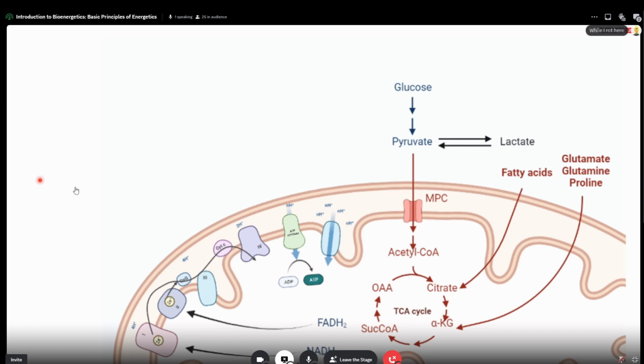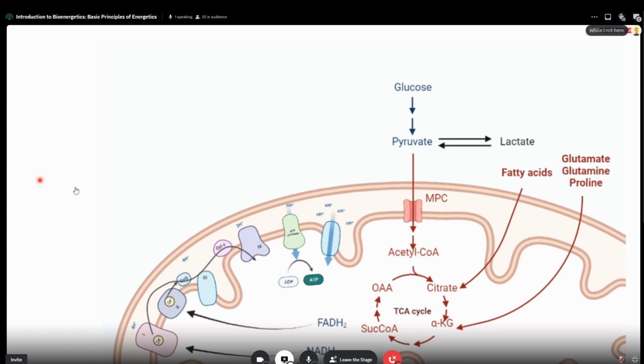ATP synthase uses these protons, so it's basically like you have a water tank and you have a tap at the bottom of the water tank. And if you turn the tap on, the water starts flowing through the tap. And ATP synthase is basically doing that. It's allowing protons to pass through it, and in allowing protons to pass through it, it is generating ATP.